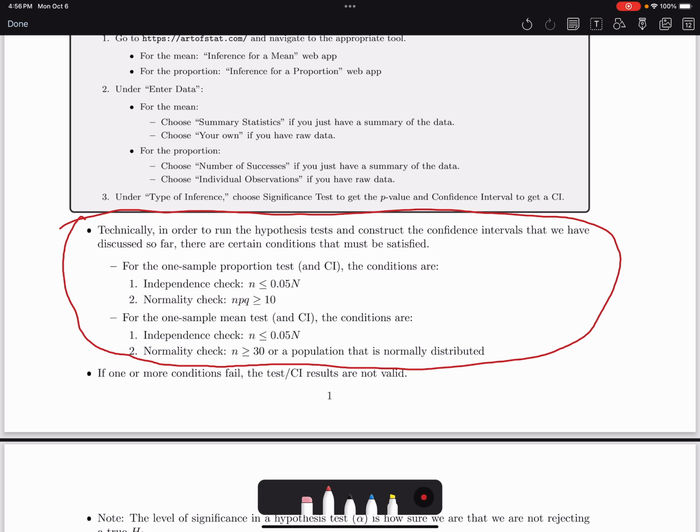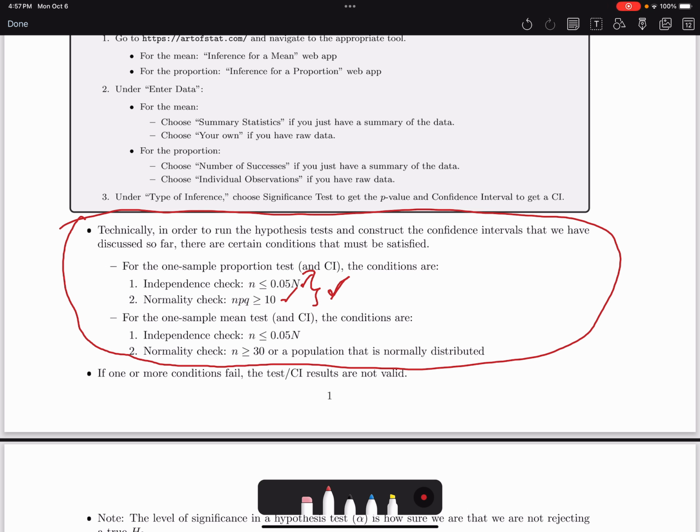These aren't going to be a big emphasis for me, but if you want to run a one sample proportion test or construct a confidence interval for the proportion, then these are the conditions you'd have to check: your sample size is no more than 5% of your population size, and n times p times q is at least 10.